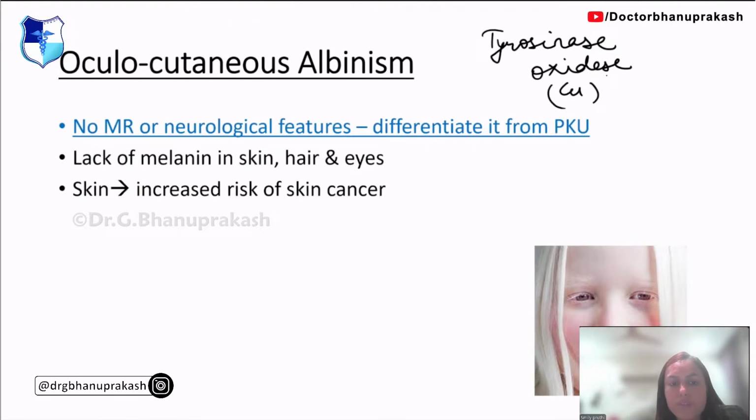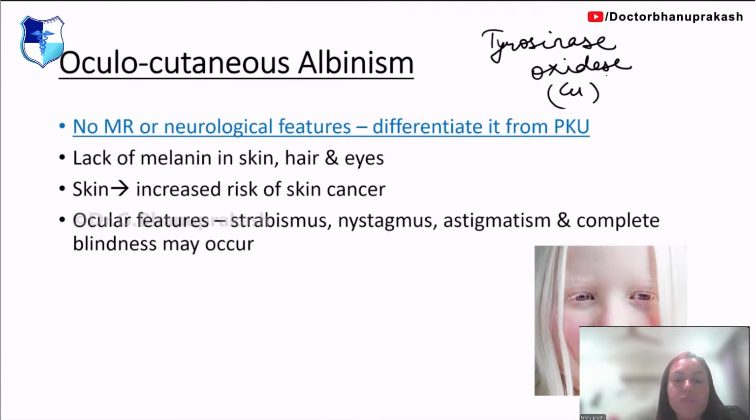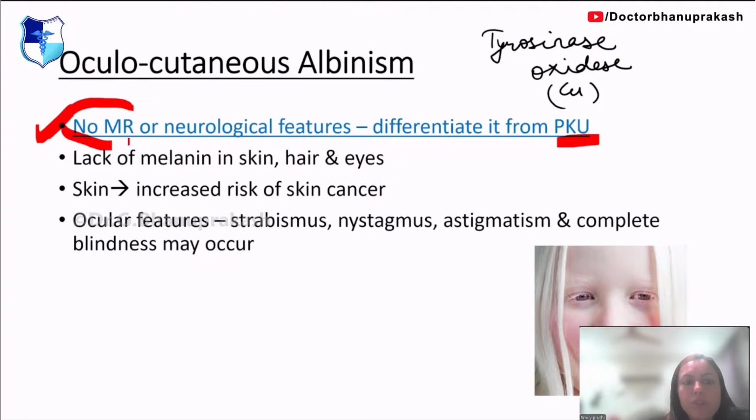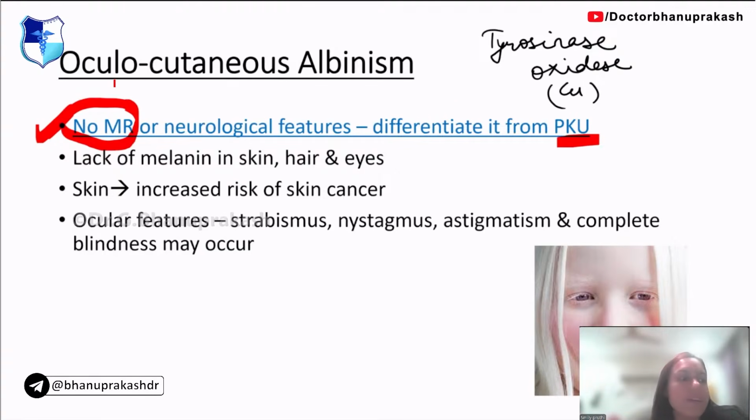So there's increased risk of skin cancer, and ocular features like strabismus, nystagmus, blindness can occur. So it is very important to distinguish it from phenylketonuria because both have hypopigmentation, but no mental retardation in albinism and severe mental retardation in phenylketonuria.